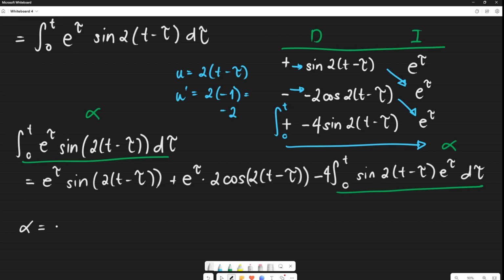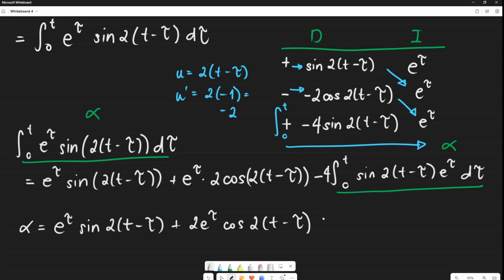So this will be e raised to tau sine of 2 t minus tau plus 2 e raised to tau cosine 2 of t minus tau evaluated. Both of them are evaluated from 0 to t, of course. Our integral is a definite integral, so don't forget that. I just didn't write it earlier.